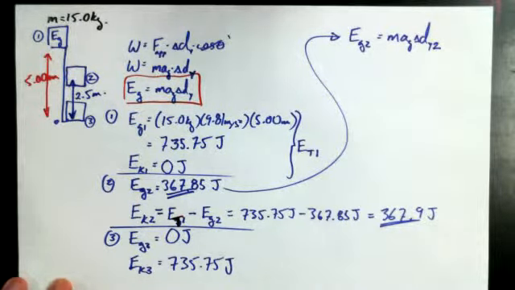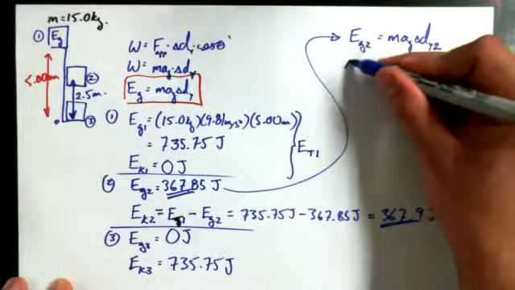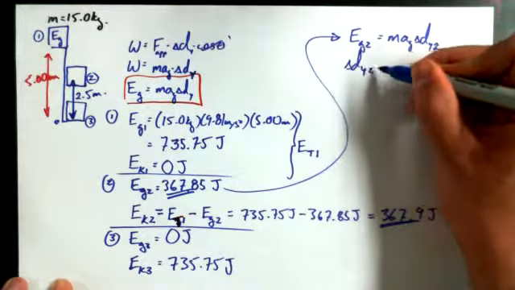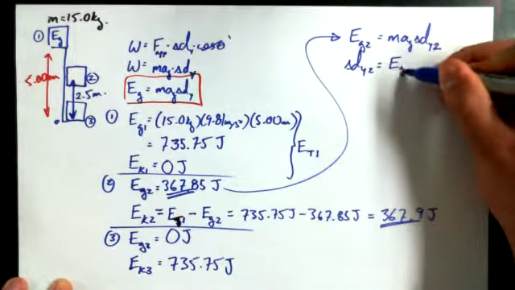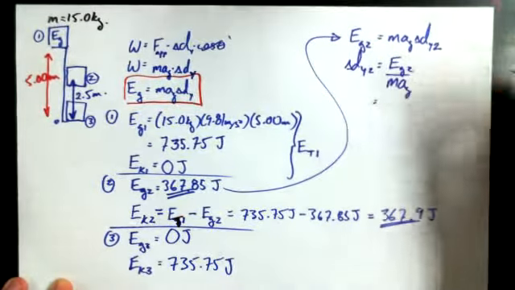And I can confirm that height 2, or delta dy2, is equal to 2.5 meters. Just have to isolate for delta dy2 and plug in my values.